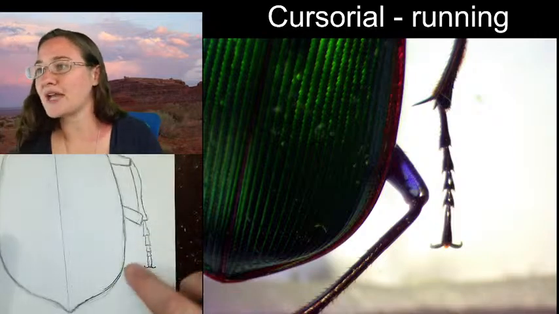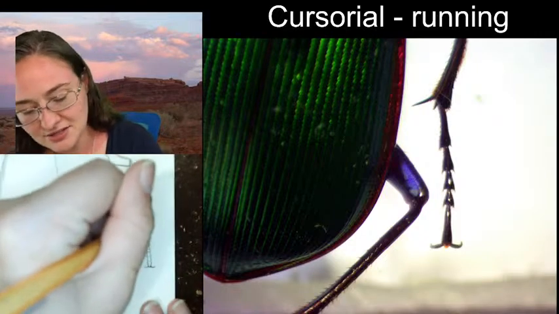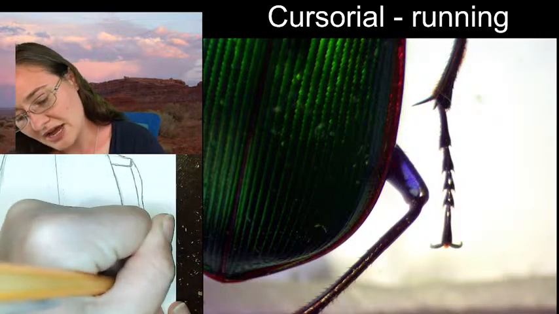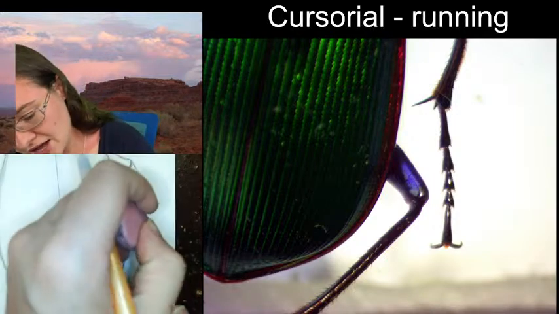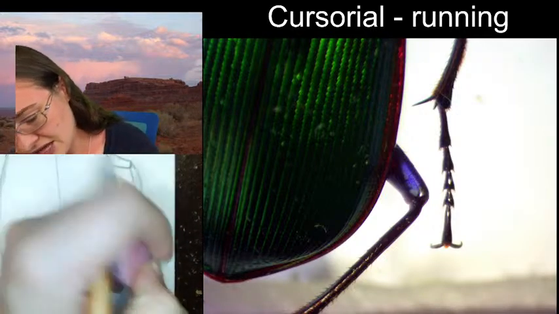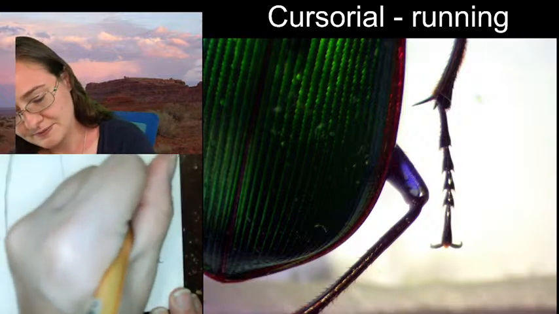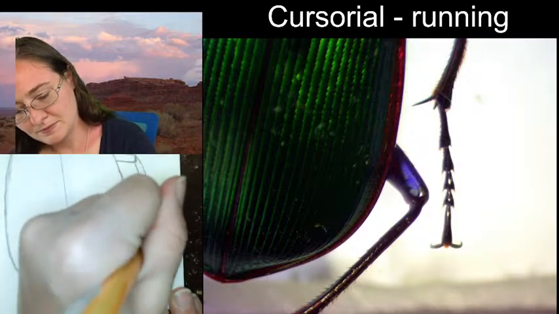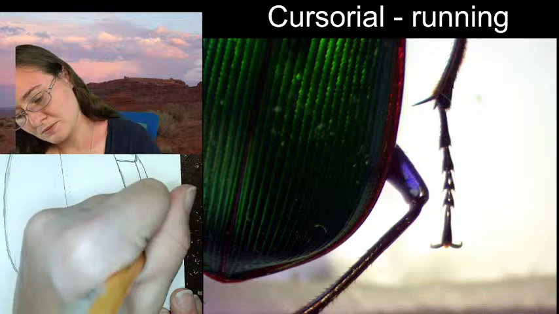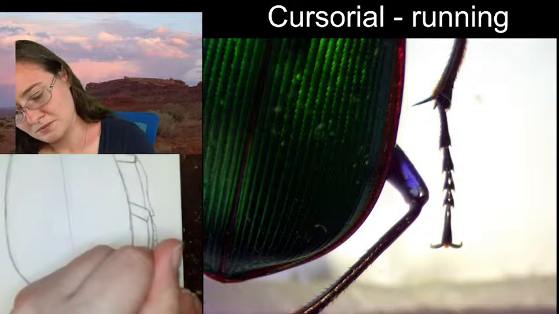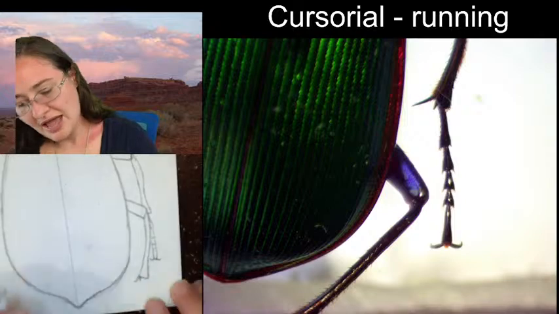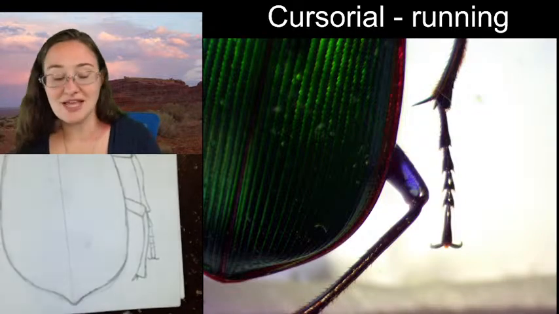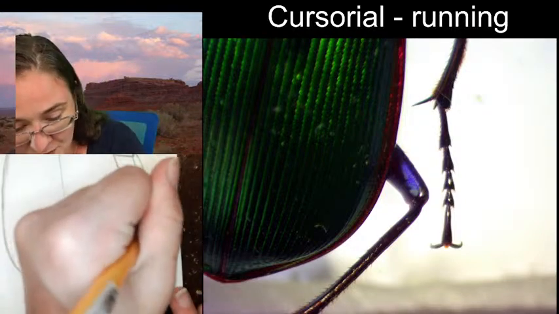And then my tibia is going to come down and expand a lot like my tibia sections for my other legs. Two tibial spines, and then 5 tarsal segments. And these tarsal segments, there's no way I'm going to be able to keep them on the page.